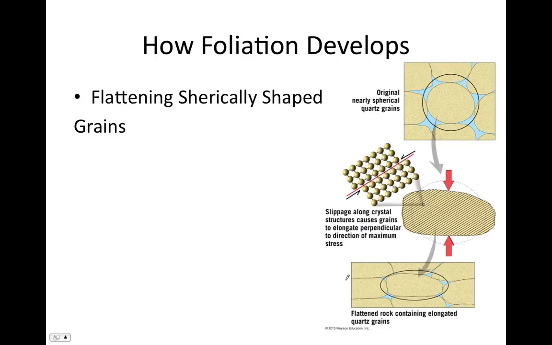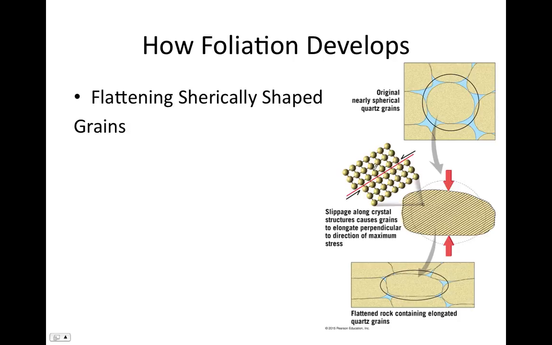And then we can have the flattening of spherically shaped grains. Okay, so if you have grains, say like in a sandstone, grains of sand, and if they're being squeezed, then these grains of sandstone can undergo what's called solid state creep, where they change shape while remaining solid. And this is by atomic bonds between atoms in the crystal lattice.